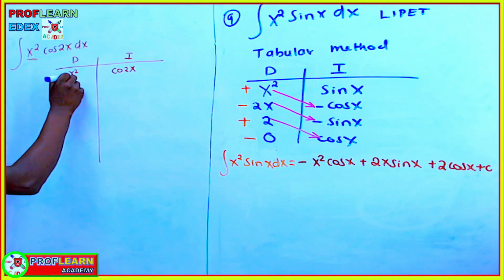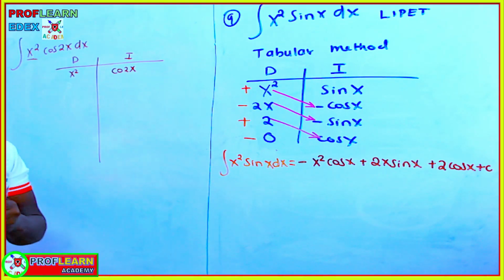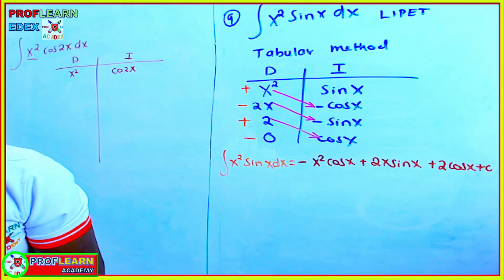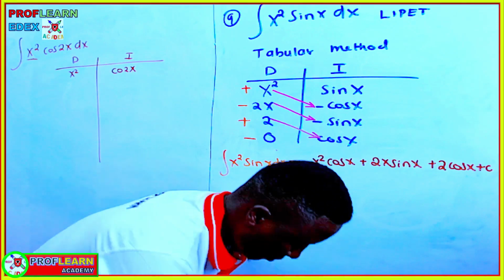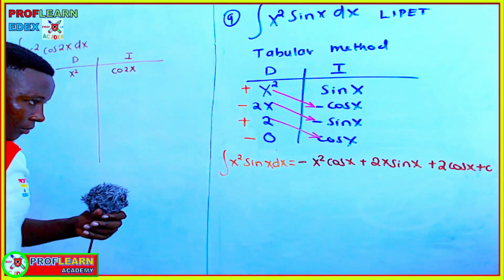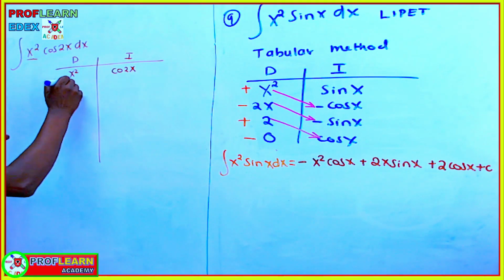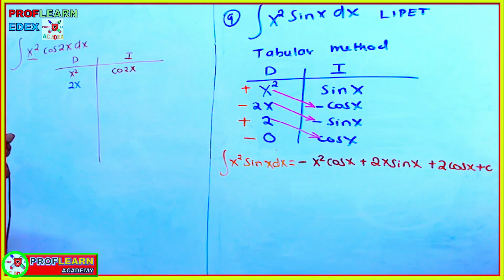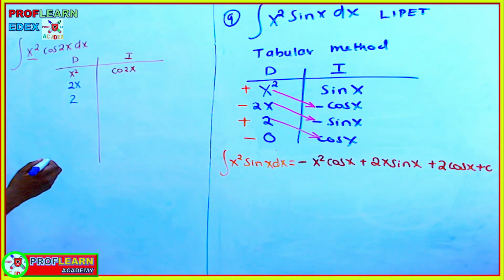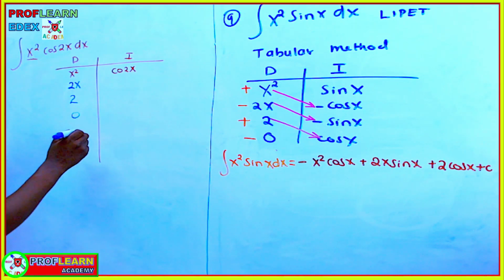So we are going to differentiate this. Differentiating this, we are going to get 2x. Again, differentiating this, we are going to get 2. Again, differentiating this, we are going to get 0 at that point.